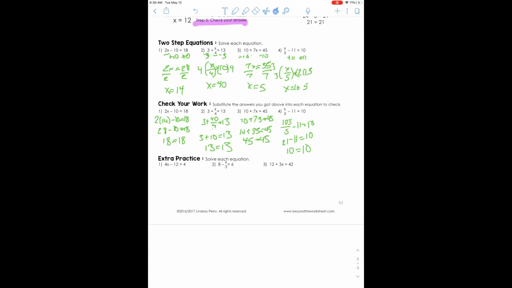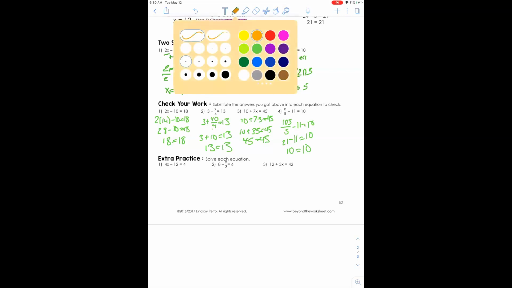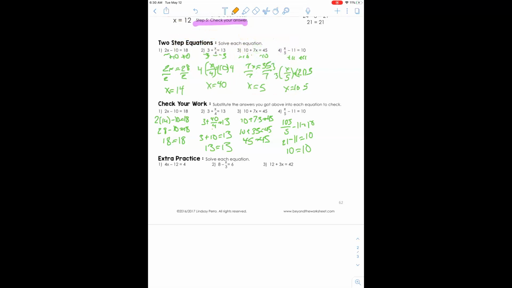So I want you to try, we're going to do 1 and 2, and I want you to try 1 and 2. So 1 is 4x minus 12 equals 4. So find the value of x. So our inverse operation to get 4x by itself would be to add 12.